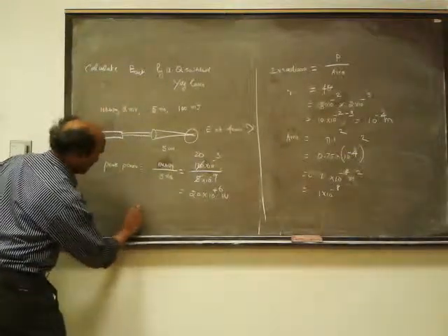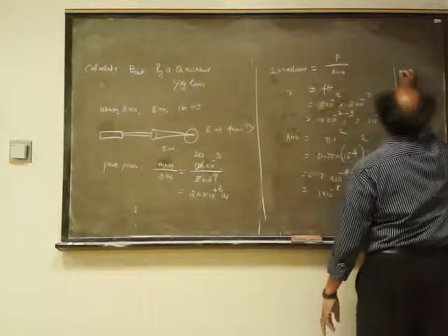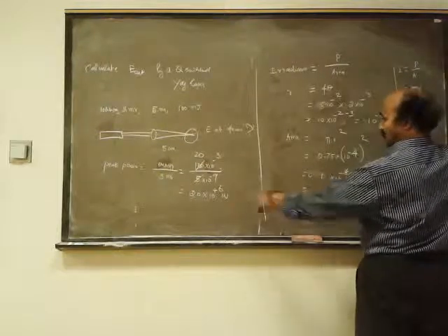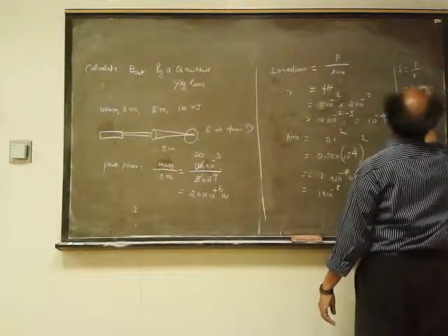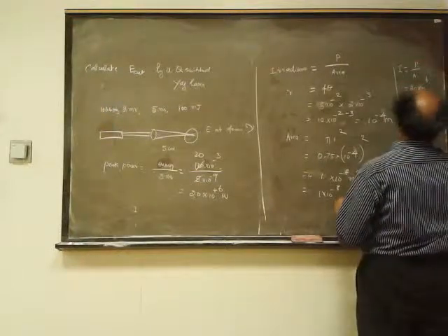So the irradiance would be power per area. This is 20 into 10 power 6 over 10 power 8.